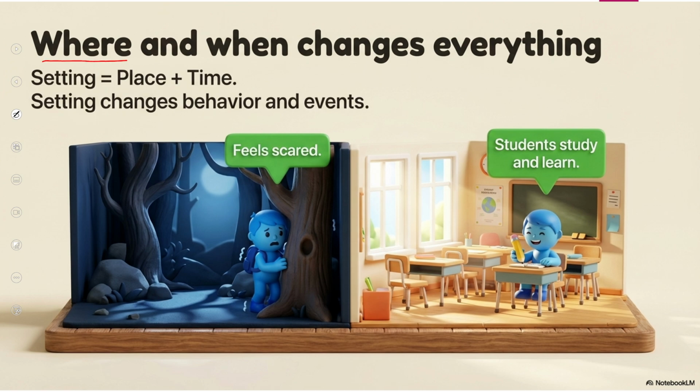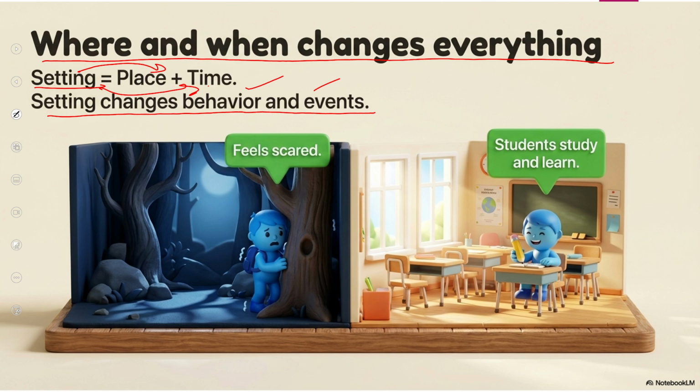Where and when changes everything. Look at this. What is setting? Setting is based on place plus time. Setting changes behavior and events. This is very clear. You have to be clear in your mind. The setting can change the behavior and events as well.